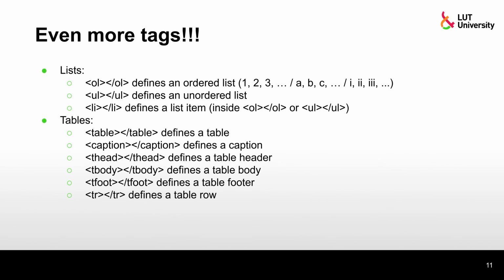And inside these T-head, T-body, or T-foot, we actually have to have a table row, TR, and then there is a th, which defines a table header cell. So these are basically inside this T-head usually. And td, table data, that defines the normal table cell, and there you can have something that you want to present in the table, for example some numerical data.